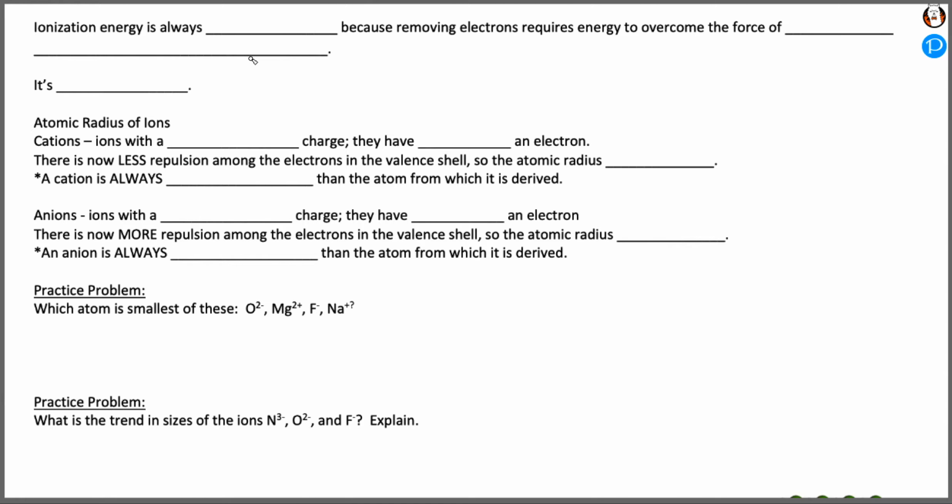All right, let's keep going. So ionization energy is always positive, because when we're removing electrons, it always requires energy to overcome the force of attraction to the nucleus.